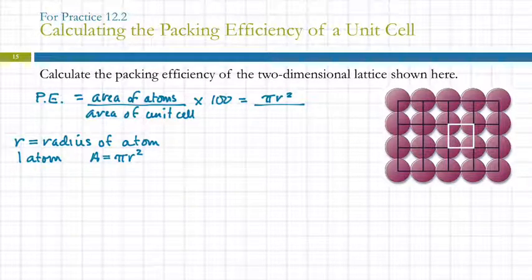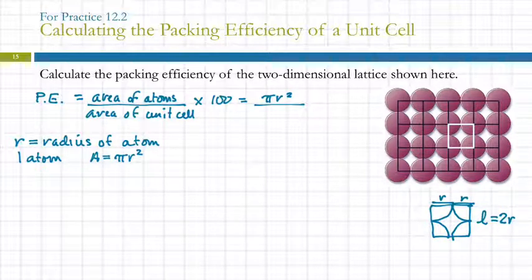What's the area of the white box? How long is an edge? This is R. And this is R. So the edge length is 2R, right?